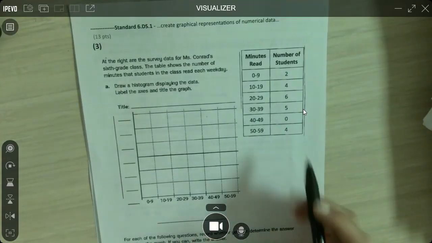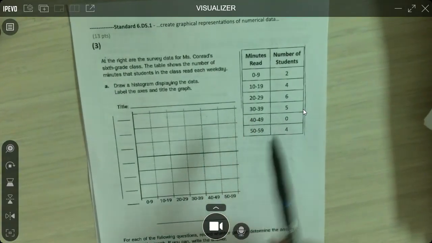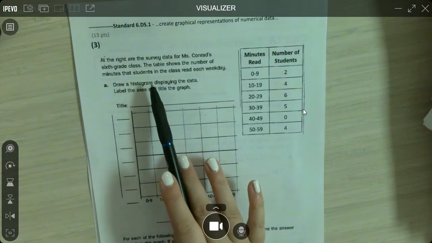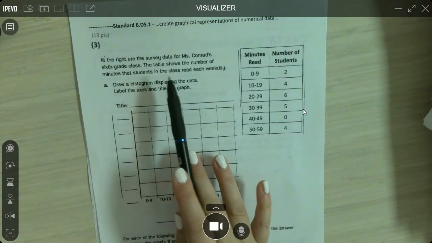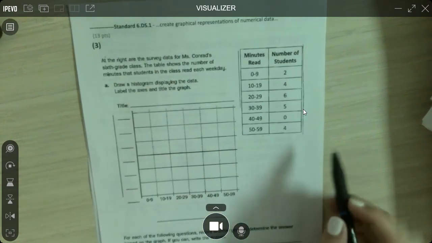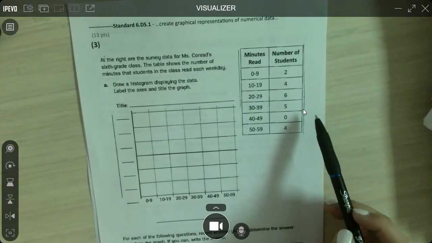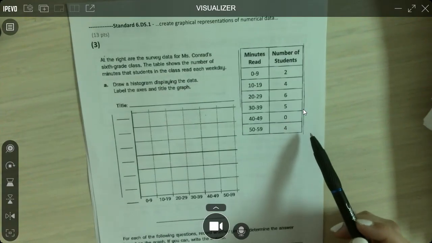Okay, then flipping it over, we are on question number 3. So number 3 says, at the right are the survey data for Miss Conrad's 6th grade class. The table shows the number of minutes that the students in the class read each weekday.